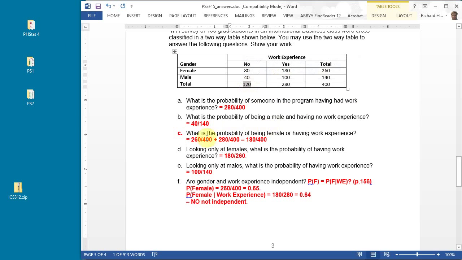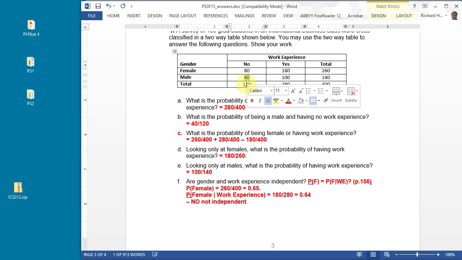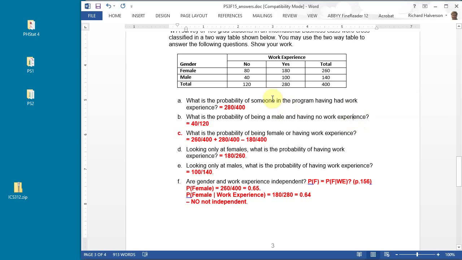Oops, I'm sorry, this should be 120, not 140. Okay, 40 over 120, because we're just looking at the no work experience.